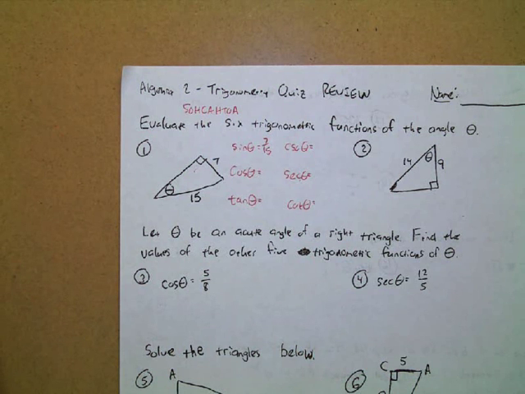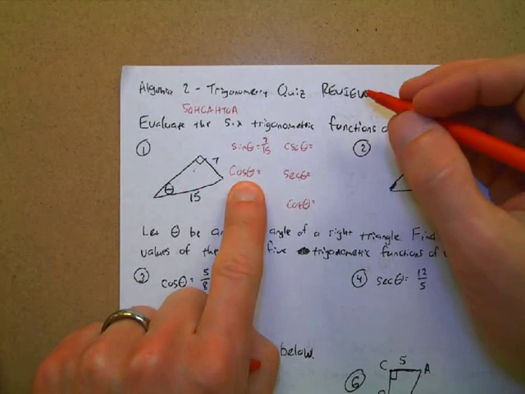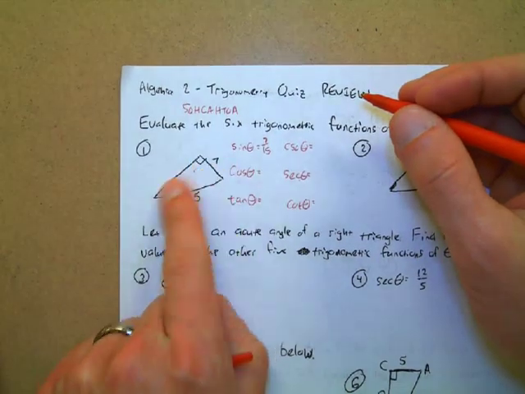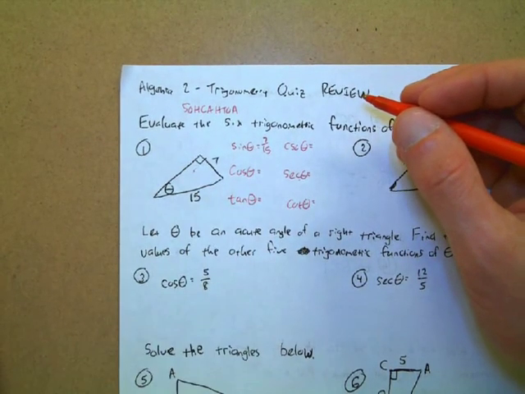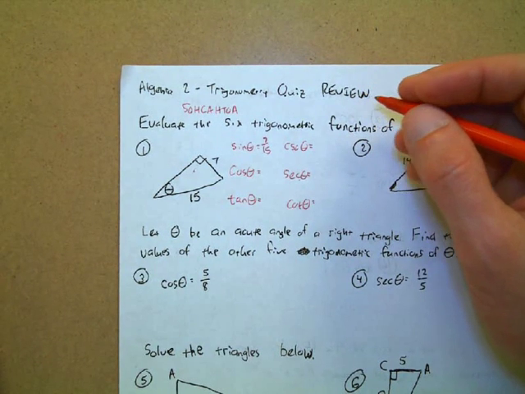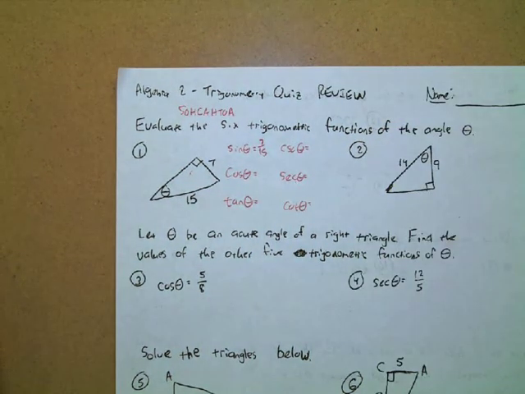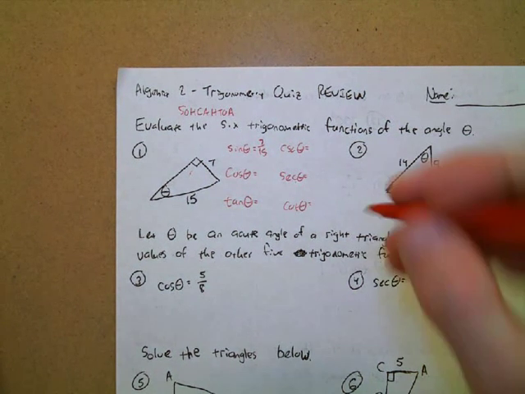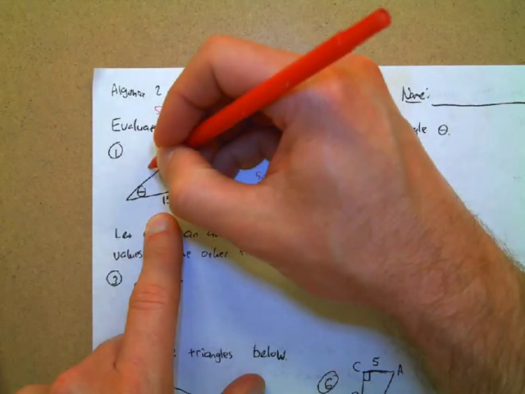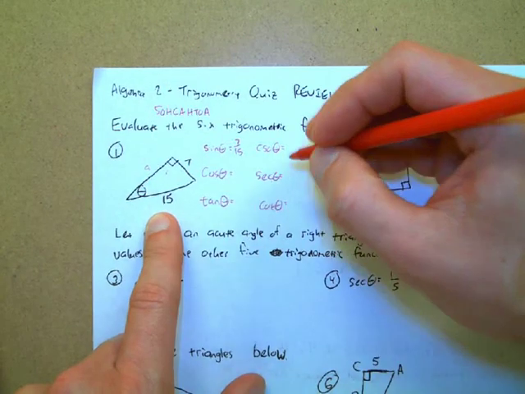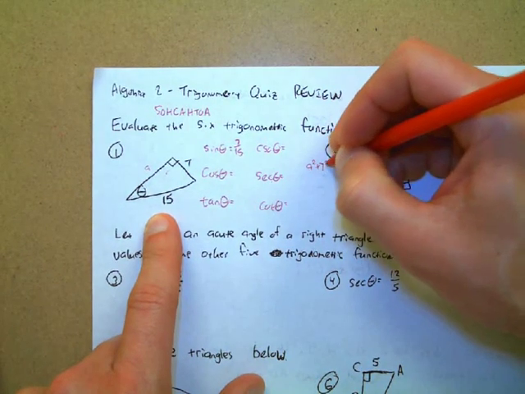For cosine, I need to know this missing side right here. How can I find the missing side if I know 2 sides of my right triangle? Yep, Pythagorean Theorem, exactly right. Does anyone need me to show how to use Pythagorean Theorem? Okay. I'm going to call this side A. So it'll be a squared plus 7 squared equals 15 squared.